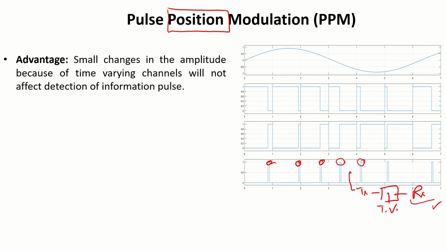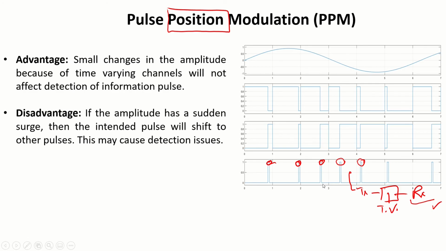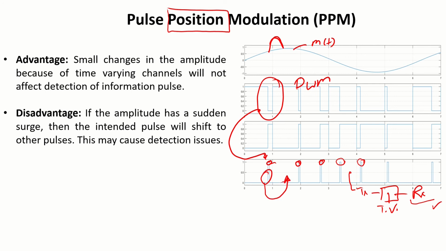So hence we would not have any issue in the detection if there are some changes in the amplitude of the modulated signal. However, as a disadvantage, if the message signal has a sudden surge at the transmit side, for example over here, we would have an issue in the PWM signal, and eventually also in the position of this pulse, which may affect the neighboring pulse.